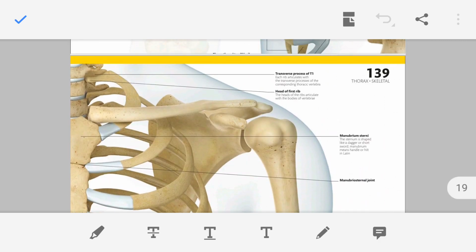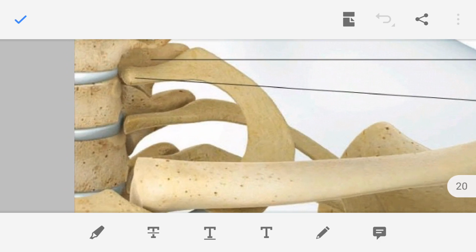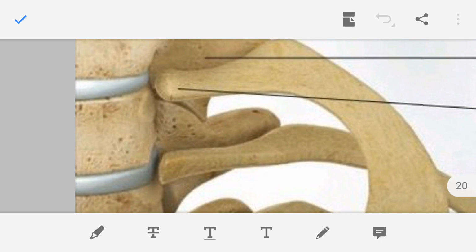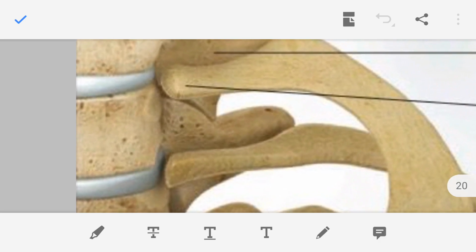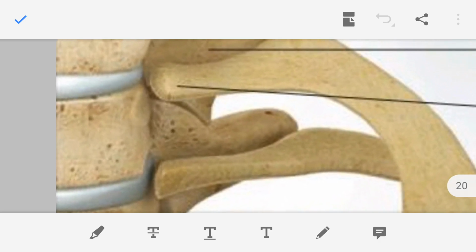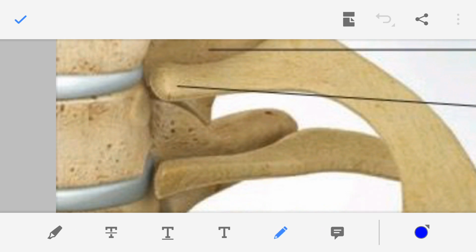So now I am zooming. Now this is T1, this rib you are having, and now we are fitting. So right now we haven't fit this, but now we are fitting.